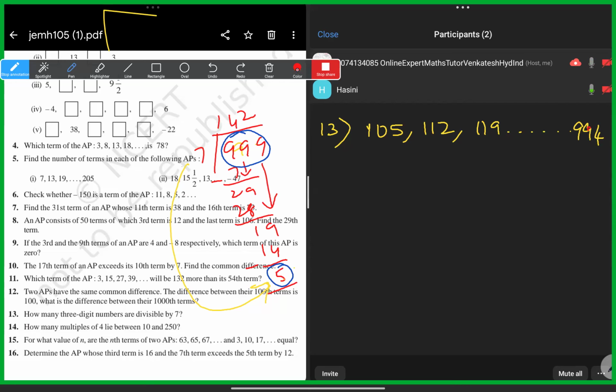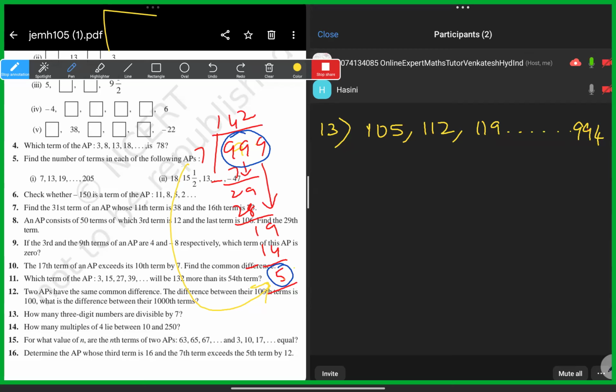Now they're asking how many numbers are there in this series. This is a question indirectly. 994 is only the hint for us. If we can find out in which position 994 is, that is the n value corresponding to 994.